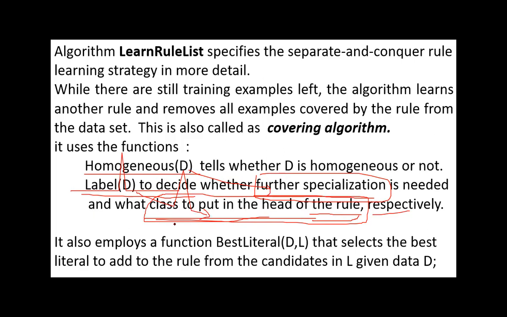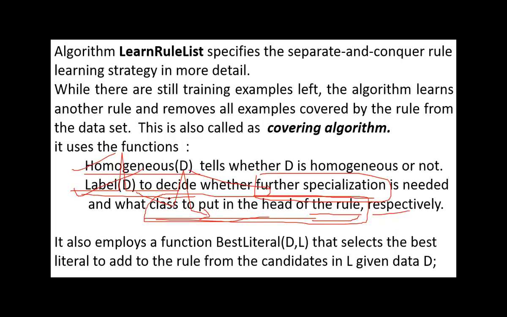So let us assume there are two functions, my dear friends. One is homogeneous, another one is label. When I send D to the homogeneous function, it tells me about homogeneity. We are not bothering about its internal content. We take it for granted that homogeneous is an available function.